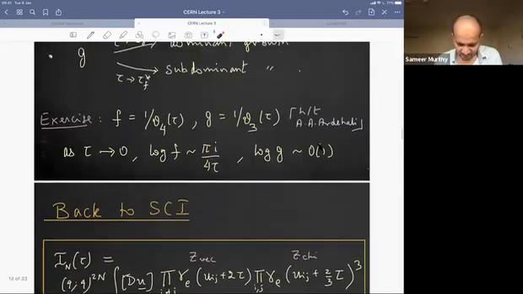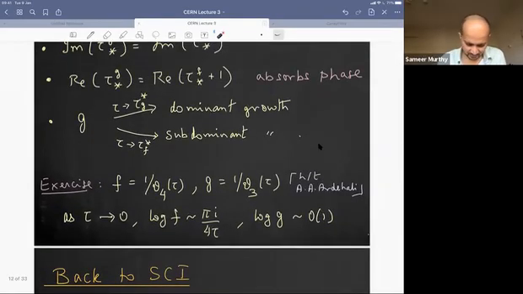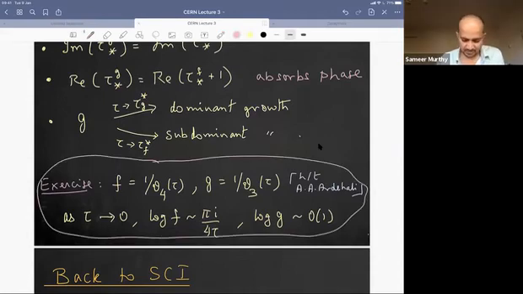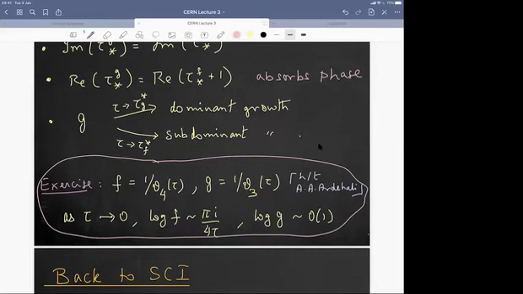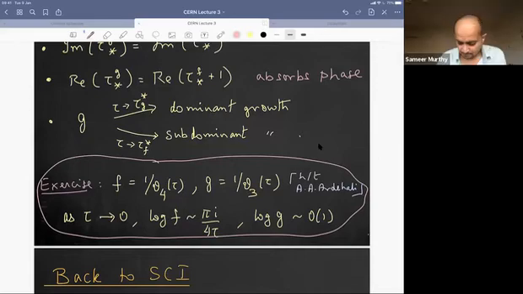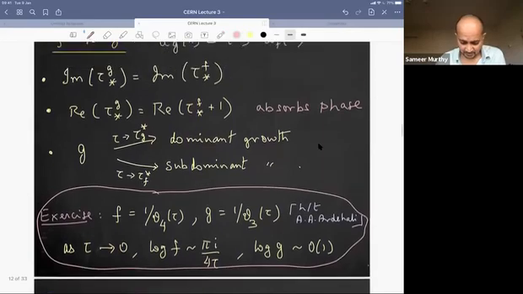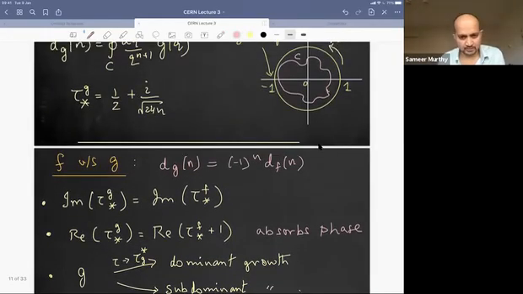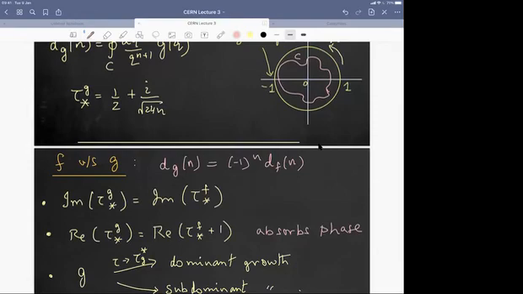Absolutely. So I urge you to do this simple exercise in Jacobi theta functions. You have 1 over theta that grows mildly exponentially. It's like 1 over tau, it has a square root of n growth, and there are (-1)^n oscillations. 1 over theta 3 has just all positive numbers, and this one has positive and negative.